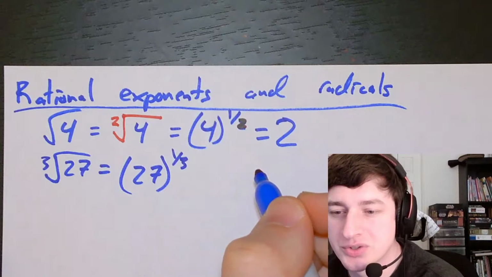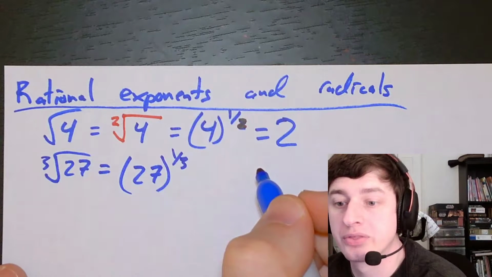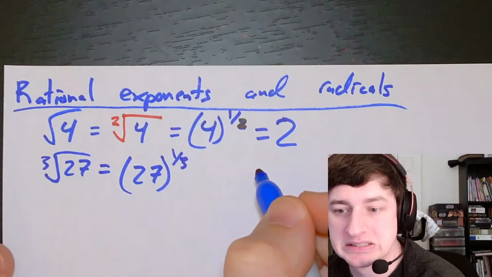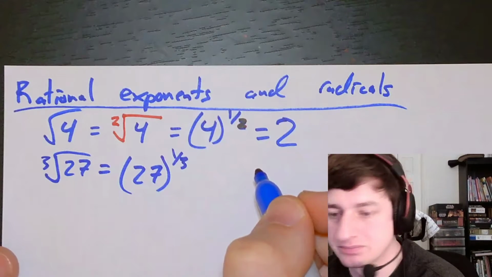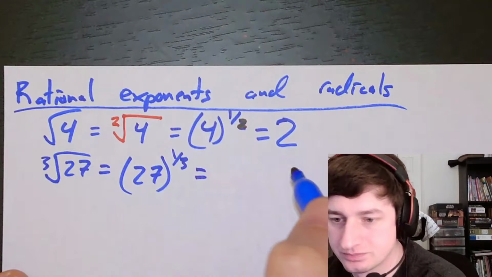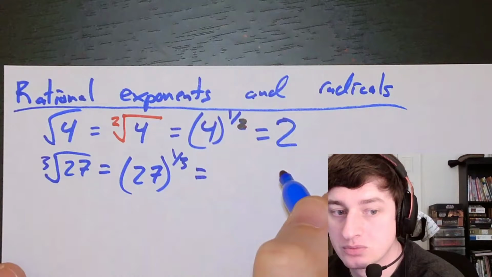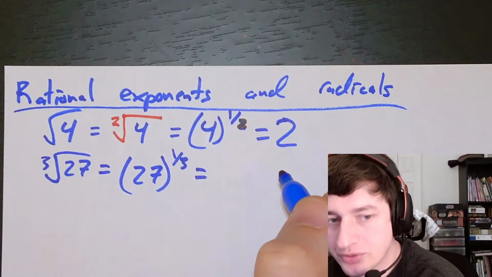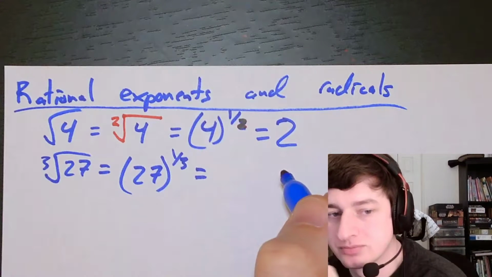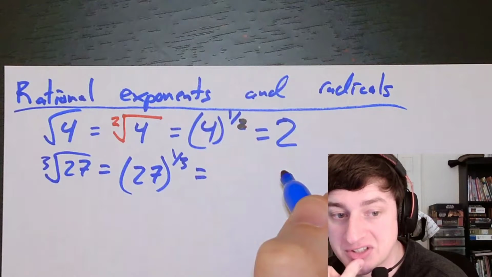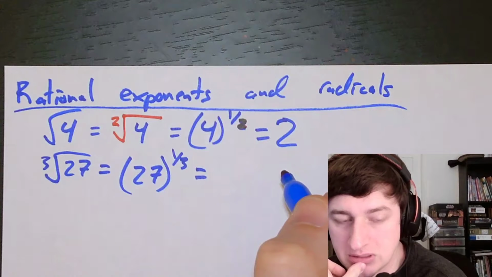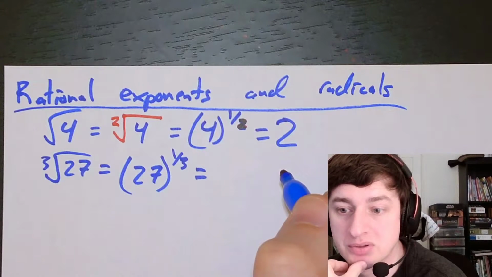It's almost like we're saying, what's 1/3 of the multiplication that makes up 27? But not exactly, right? So we're not dividing 27 into 3 equal pieces, we're finding 3 equal pieces that multiply to make 27, but we're not dividing 27 by 3.